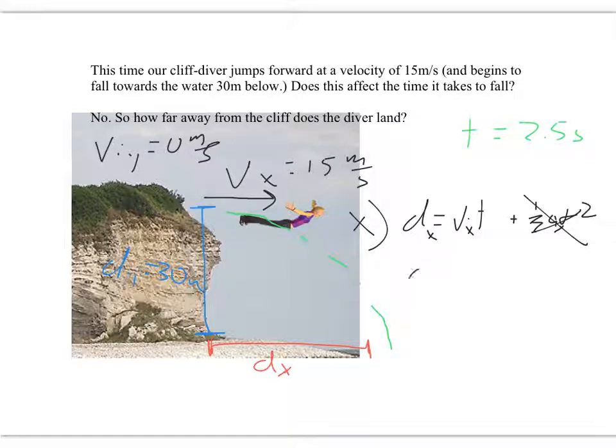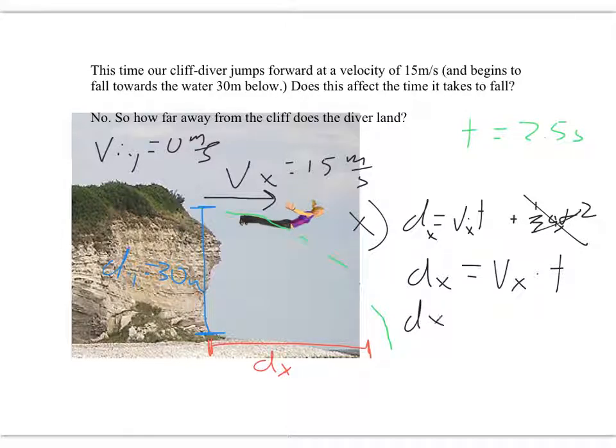We're left with the horizontal distance is just equal to this horizontal velocity times the time. Because there's no acceleration left to right in the problem, whatever speed we start off with moving horizontally remains that same speed the entire time we're in the air. So that Vx is going to be 15 meters per second for the entirety of the trip.